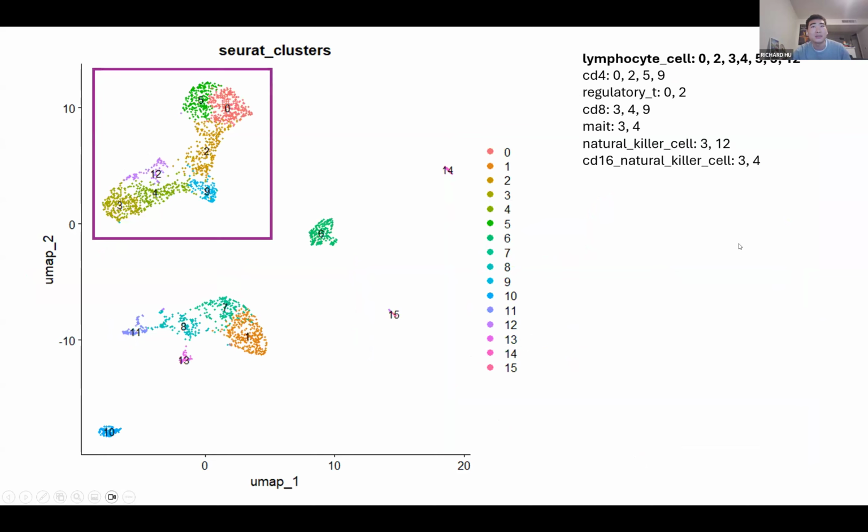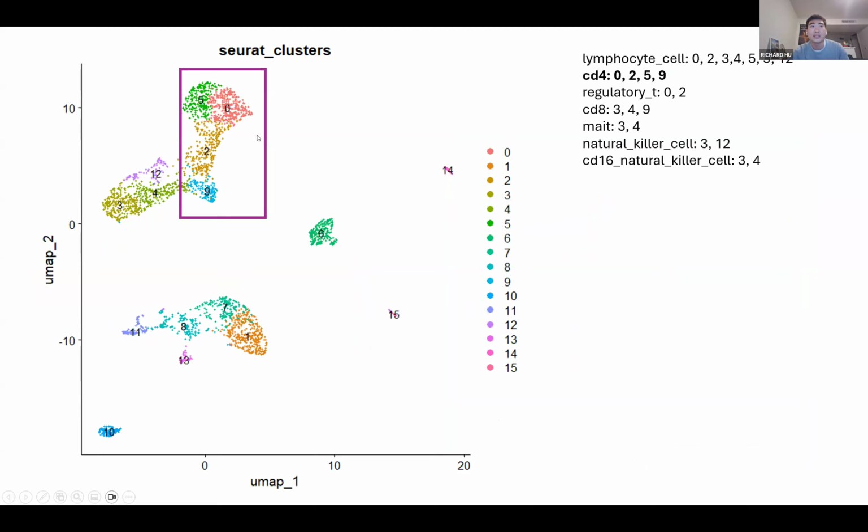Now I'm going to go through some of my labelings. The bottom line is I still need to further refine my list of cell marker genes because I'm not super familiar with these cell types. But generally, I still think I get some distinction between these lymphocyte cells. CD4 identities could be within here versus CD8 over here, although they could also be part of other very similar cell types.